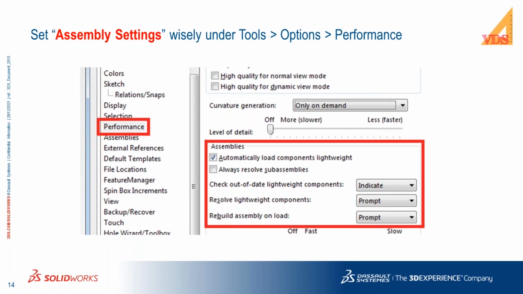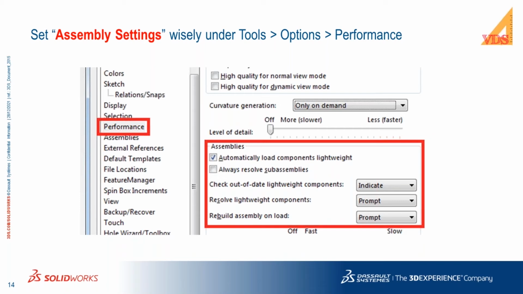I don't want my subassemblies to resolve lightweight components if they are out of date, which means they need rebuilding or updating. I want SolidWorks to indicate that to me, and if it wants to resolve or rebuild assemblies on loading, meaning on opening, it should prompt me.